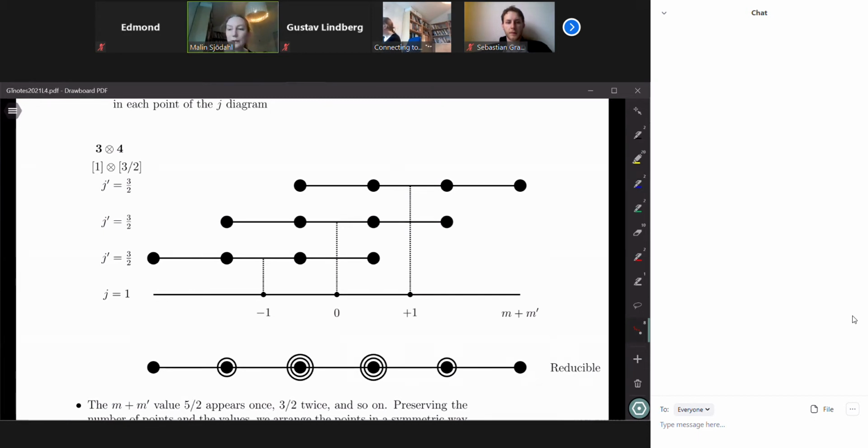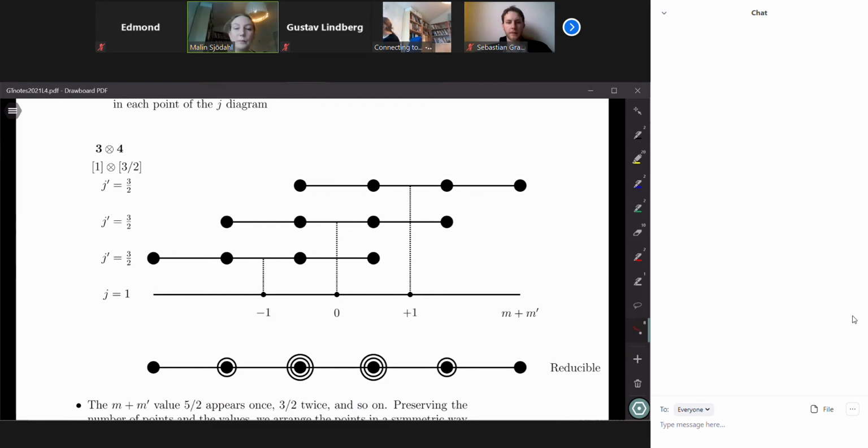So, okay, so how can we find all the reducible representations in this direct product space? Well, we will use that the J values are additive, so we can just add them.